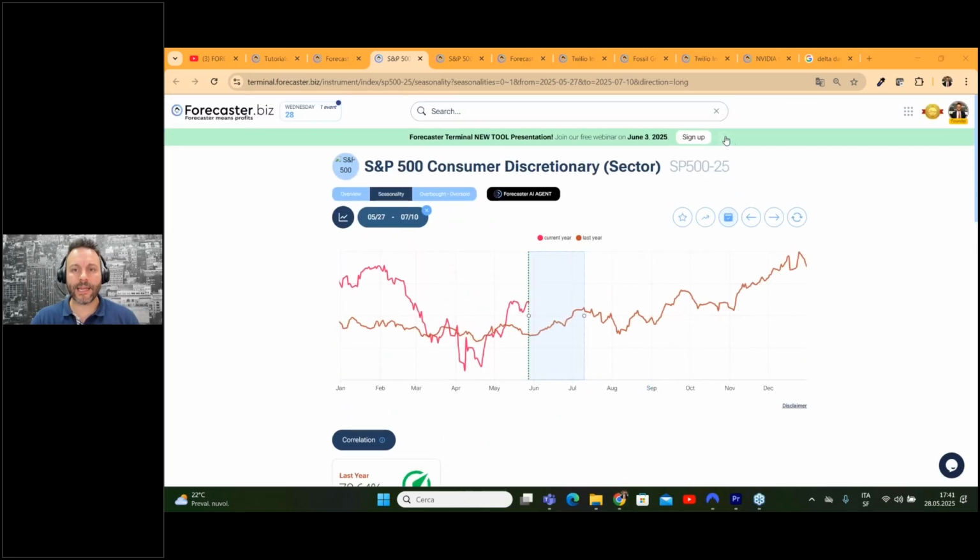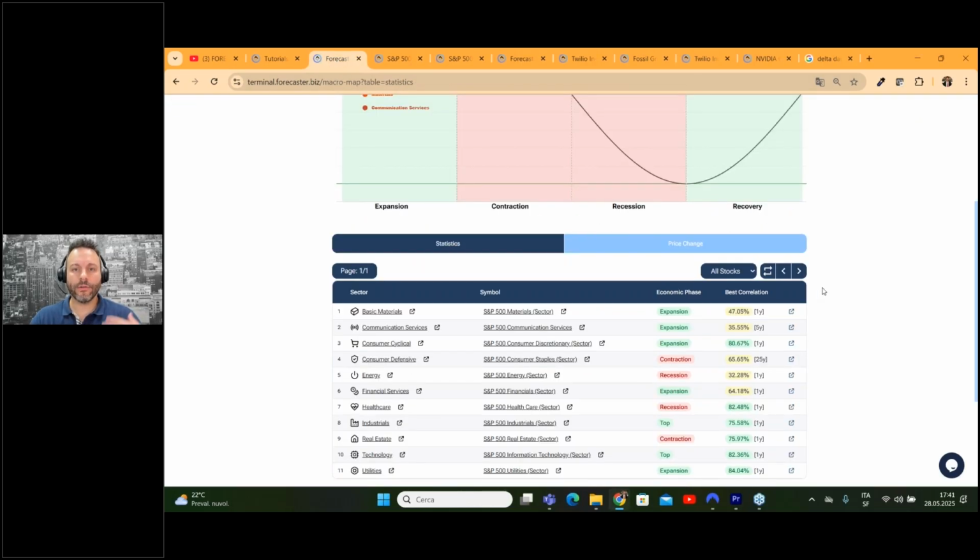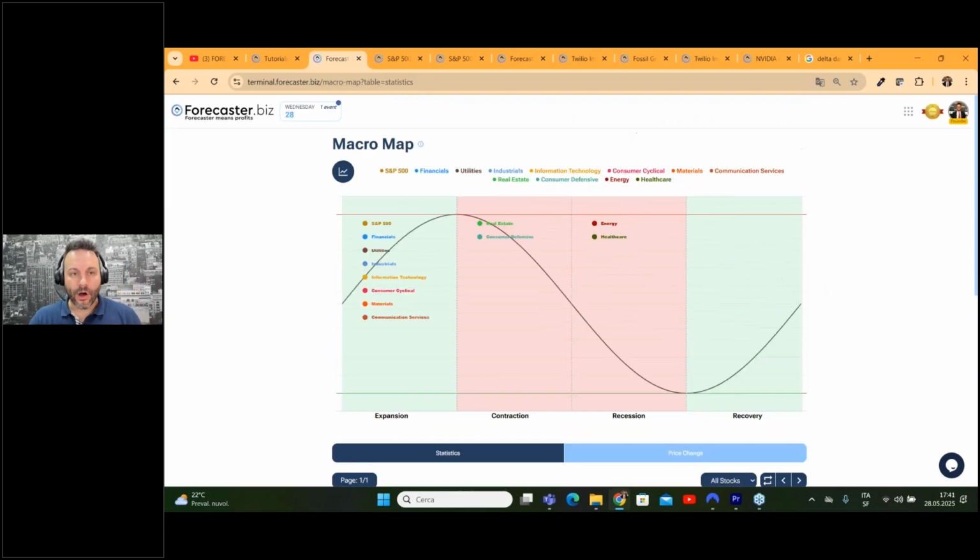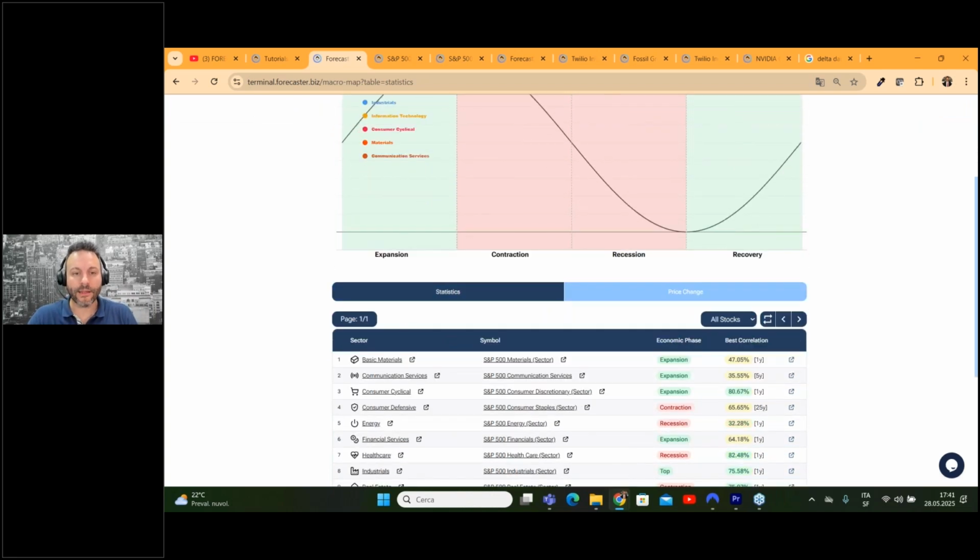As you can see, you can go directly on the macro map and you can be inspired by a specific sector. For example, you know that consumer cyclical is in expansion, okay? So, for example, it's a good moment for going into the specific sector, okay?